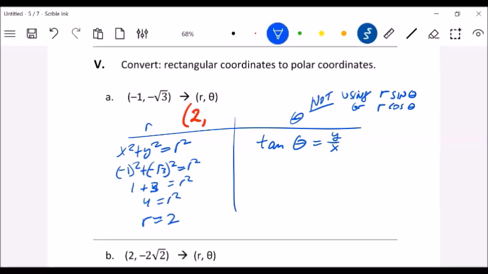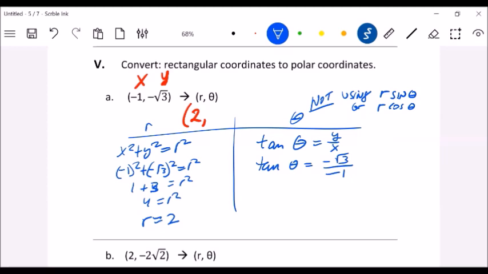Now we need to find the angle. And here's the thing. We know already that here's y, and here's x. So we know that the tangent of theta is equal to negative root 3 over negative 1.